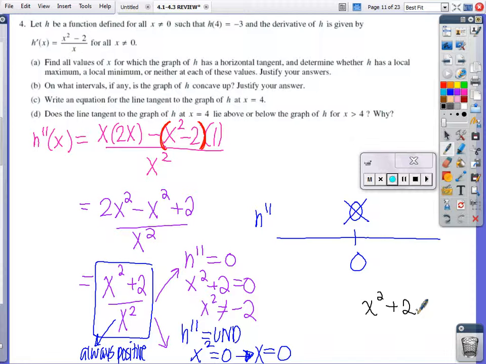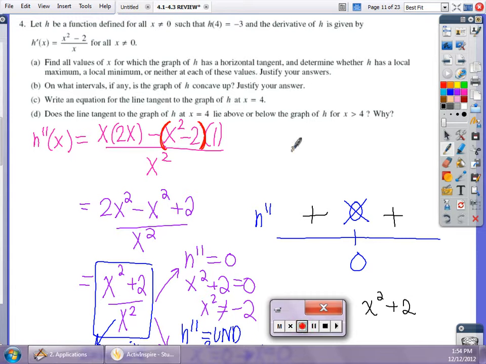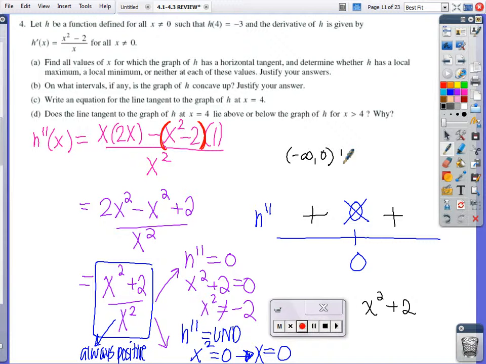So if I put in a negative number, square it plus 2, positive number, square it plus 2. Therefore, the function is concave up on the intervals of negative infinity to 0, union with 0 to infinity, because h double prime is greater than 0. That's our reasoning for part B.